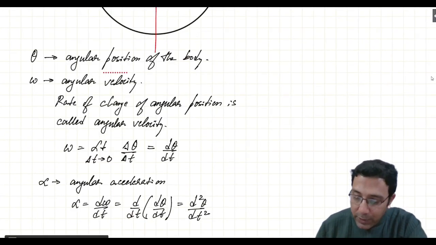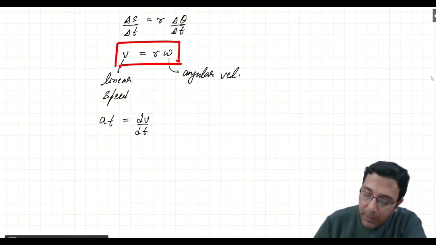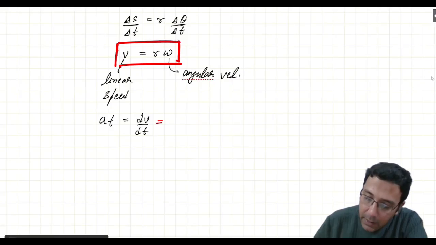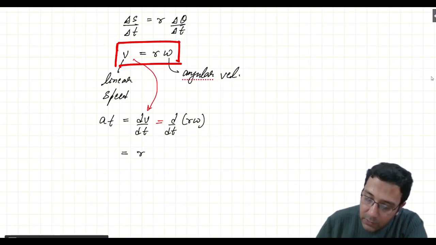I'm just coming back to the derivation part of it. AT is the tangential component of acceleration. This can be written as d by dt of r omega. R is constant, so R d omega by dt.